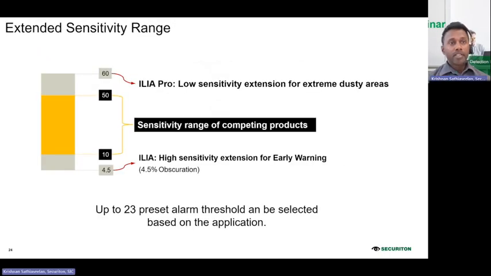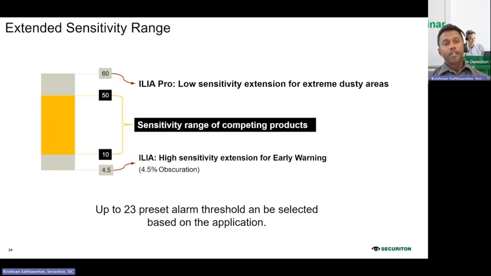Now, talking about the extended sensitivity, which I mentioned earlier with the ILIA Pro, a wide range of sensitivity can be chosen, from 4.5 obscuration up to a maximum of 60. So there is a wide range of sensitivity for the products. The total number of levels that you can preset is 23, based on the application.